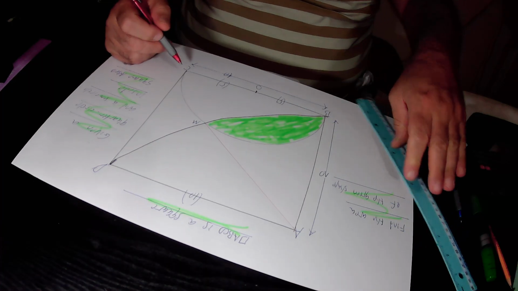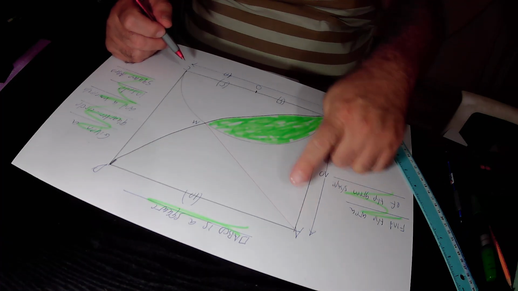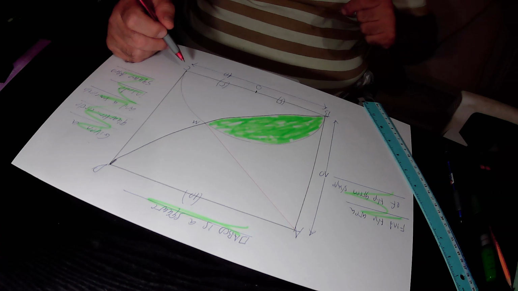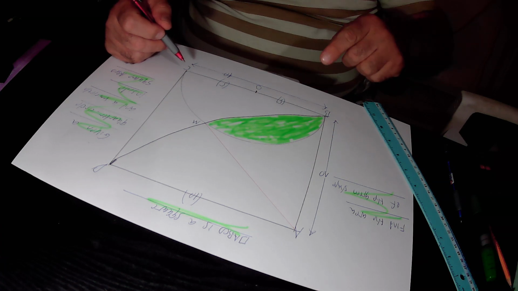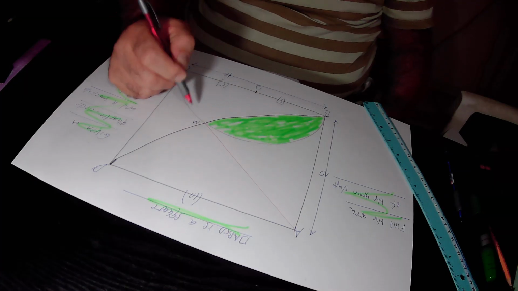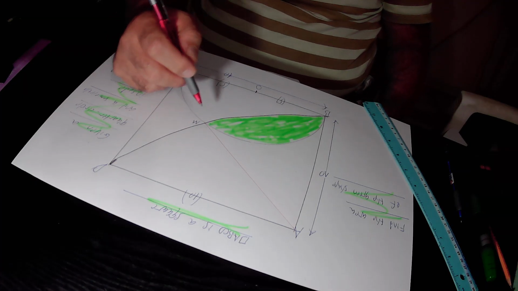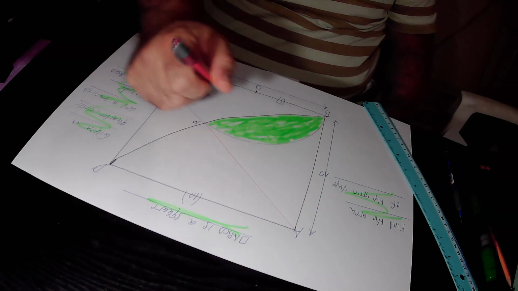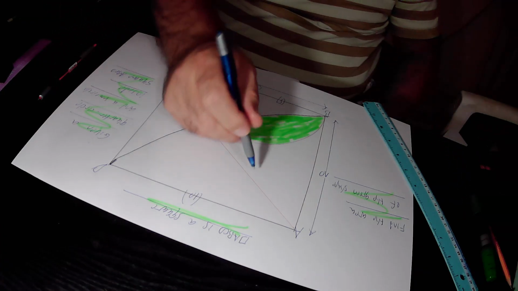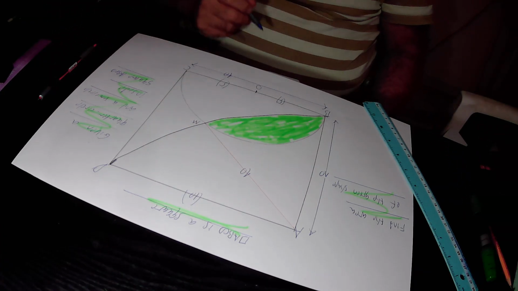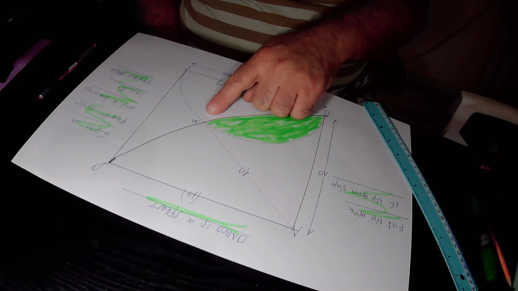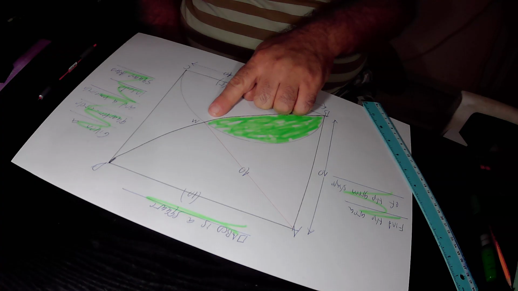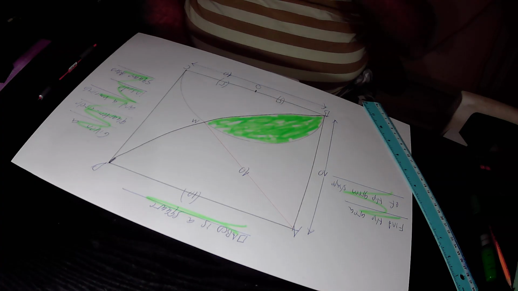Point A is the center of the quarter circle, point M is a point on the quarter circle itself. Therefore, AM is the radius of this quarter circle, equal to 10 units. Actually, AM is tangent to the semicircle at point M.